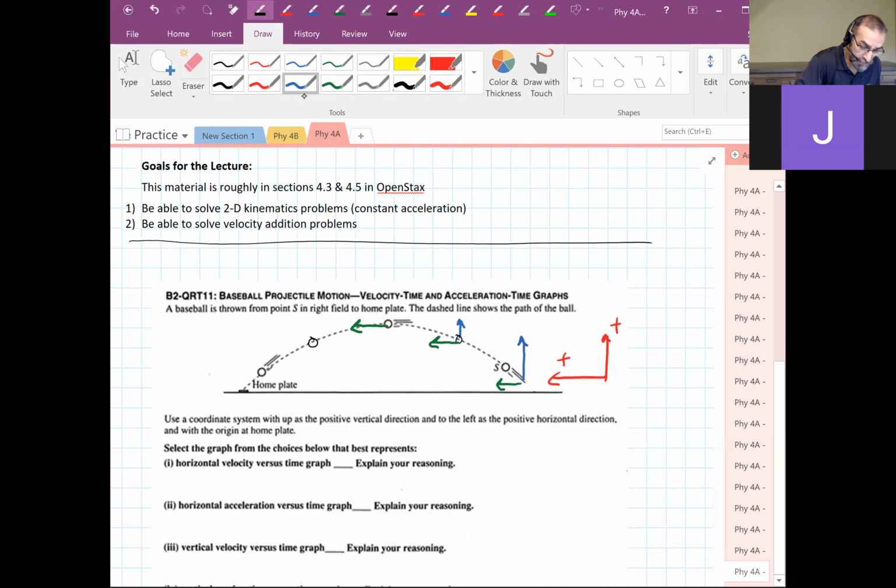It has a small velocity in the y direction, and it has the same x velocity it had before. And now it's just about to hit home plate. It has a big velocity in the y direction, downward, and the same exact velocity it had the whole time in the x direction. It never changed.